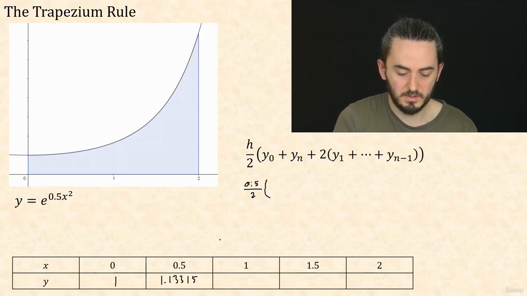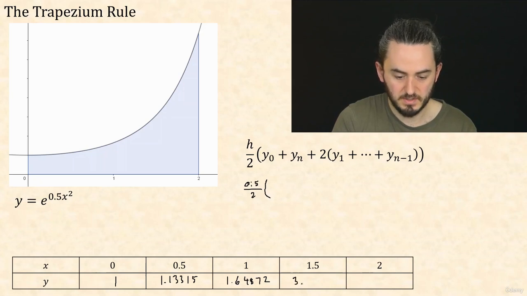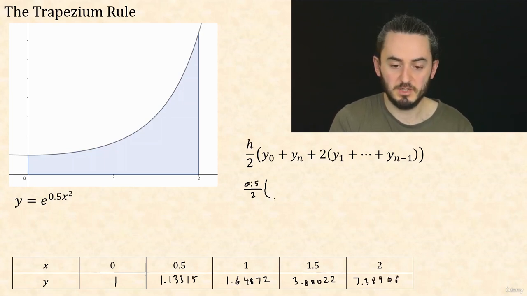And now e to the half times 1 squared is 1.64872. And I just work through like this. E to the half times 1.5 squared is 3.08022. And then e to the half times 2 squared is 7.3896.